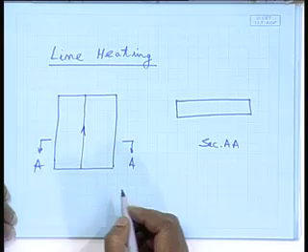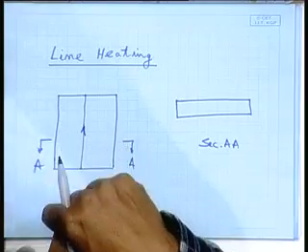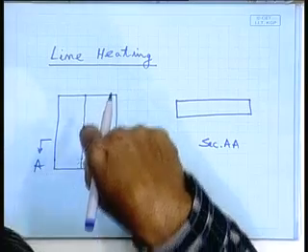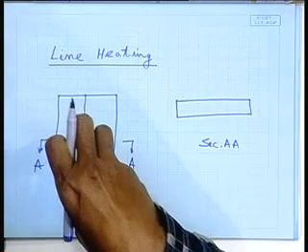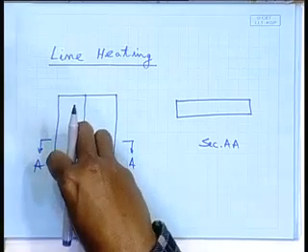Heating it means what? I am basically passing a heat source, say a torch having oxyacetylene flame, or a laser beam, right, or some induction heating head, keeping it here and moving it.